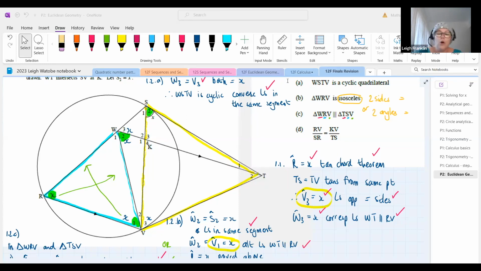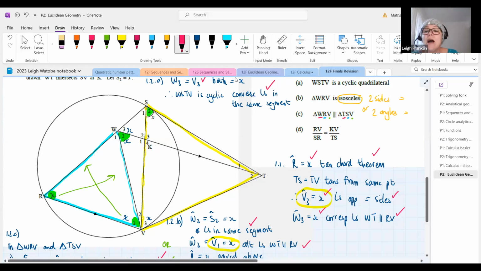So what we're going to do here is we're going to replace TS with TV. So we would end up with RV over SR is equal to KV over TV. So we've replaced our side.